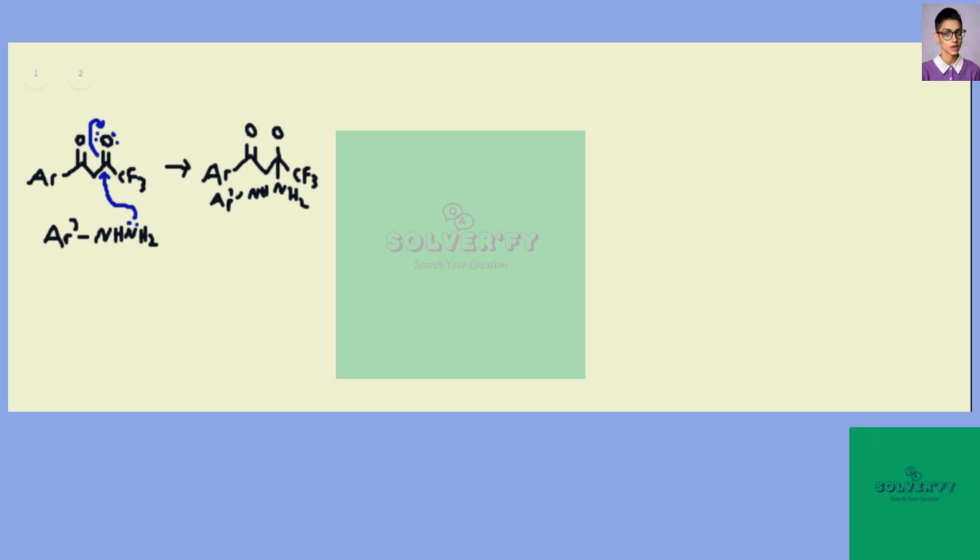And so the nitrogen is now going to have a positive charge on it. And this oxygen is going to have 3 lone pairs and a negative charge. And so the next step is going to be a proton transfer. So we can just write proton transfer. And after that, we will be here. So that takes care of our charges.